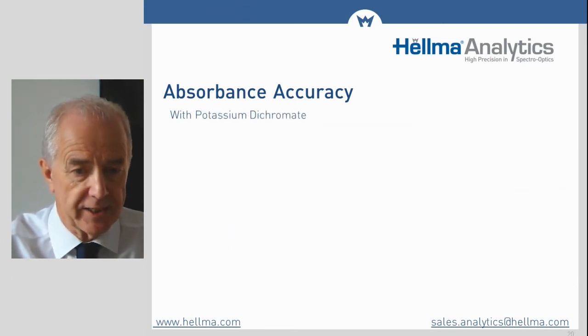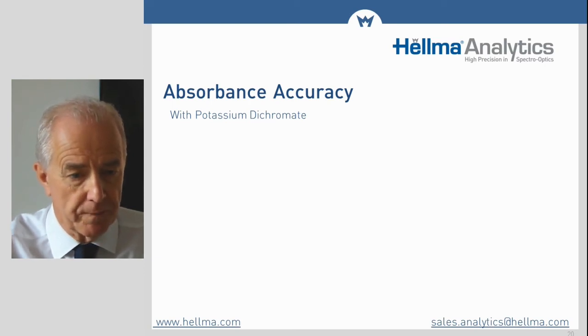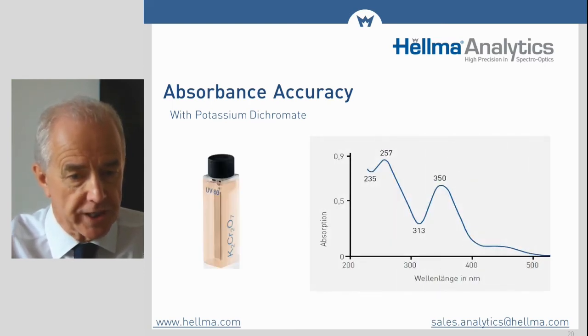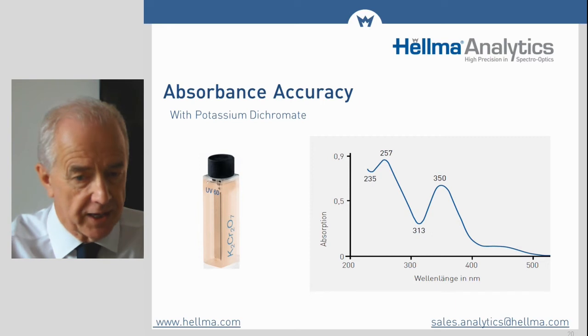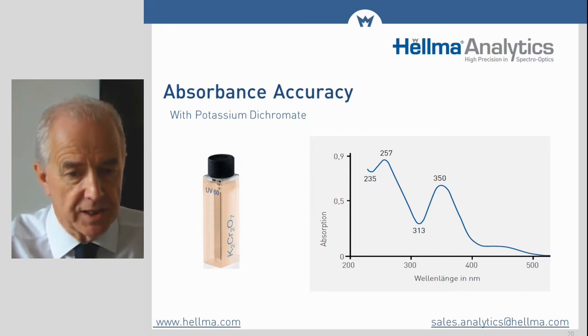Potassium dichromate liquid filters are a long-established spectrometer reference material, and at different concentrations can give absorbance levels from 0.1 to 3 at wavelengths of 235, 257, 313 and 350 nanometers in the UV region.